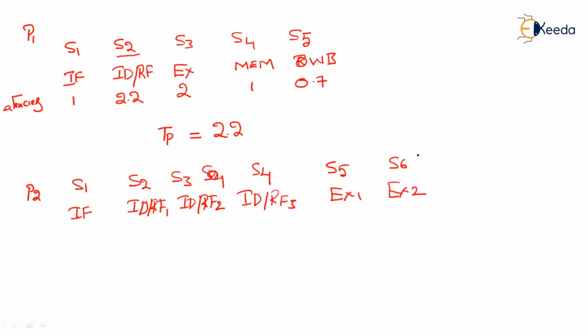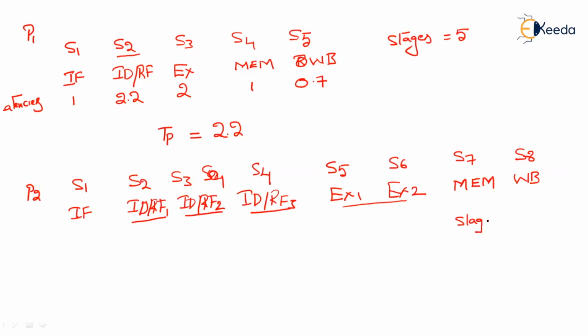Finally, memory access, that is S7, and register write back, which is S8. Since ID and RF has been divided into 3 stages and the execution stage into 2 stages, the total number of stages in the pipeline is now 8. Earlier the number of stages was 5, but now it is 8.